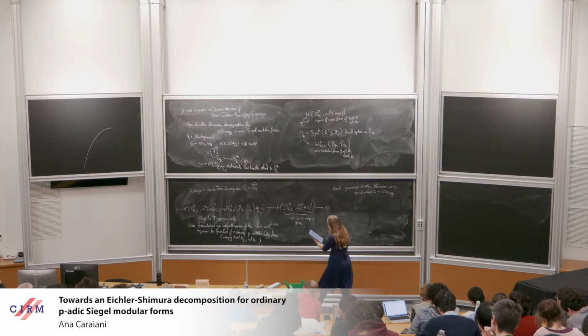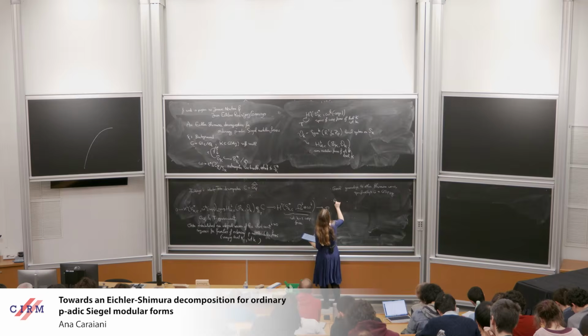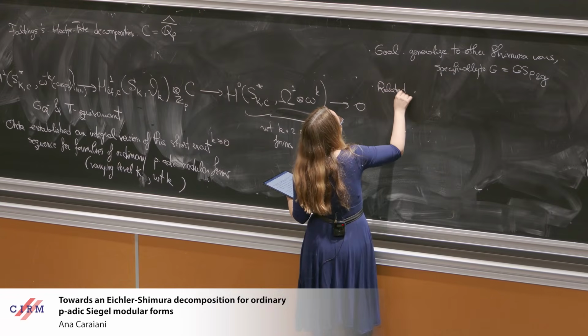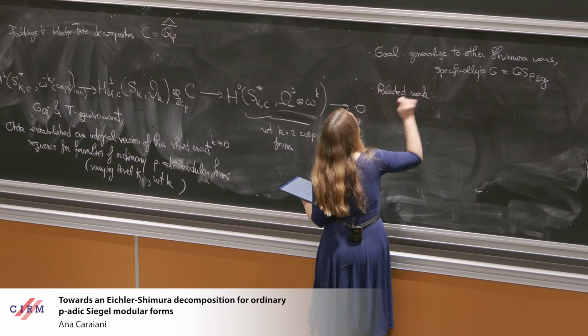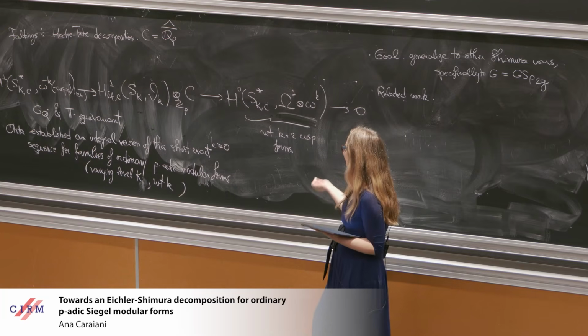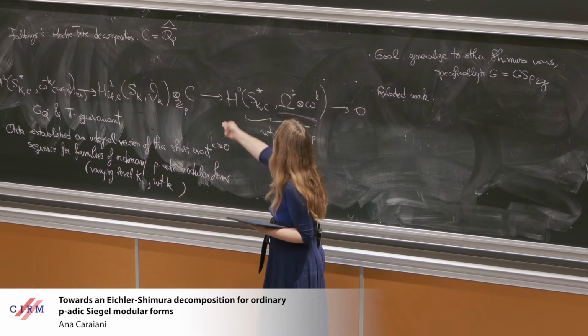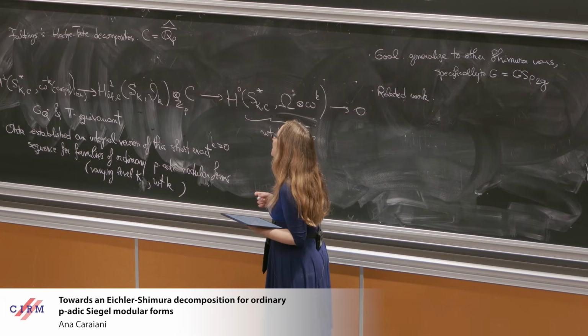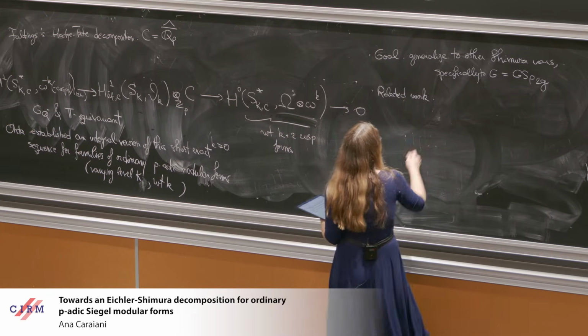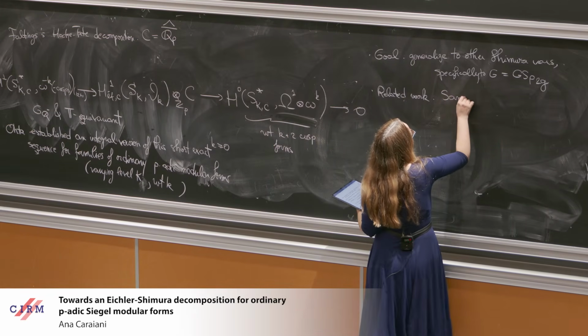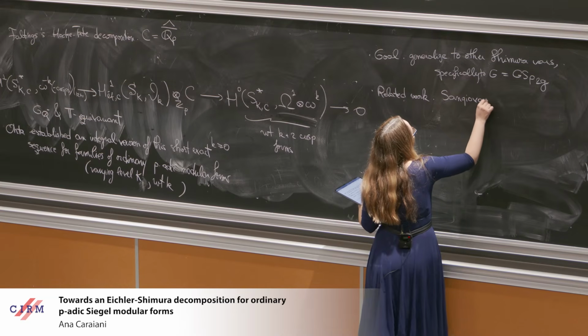p-adic Siegel modular forms. And I should say that there's, of course, a lot of related work, but specifically in this integral case, so where you would say tensor over O_C, the ring of integers in C, rather than just rationally, there's work of Sangiovanni and Skinner in this Siegel case.